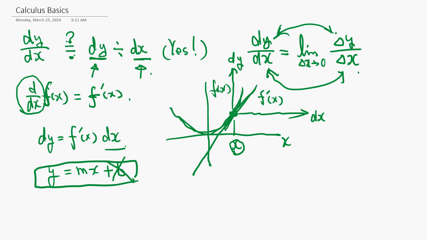In mx, m is the slope, x is dx, and y is dy.